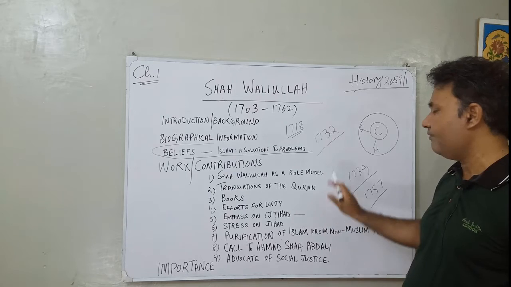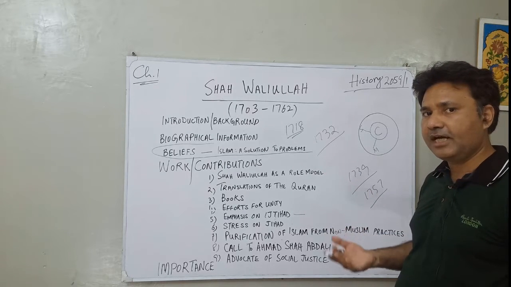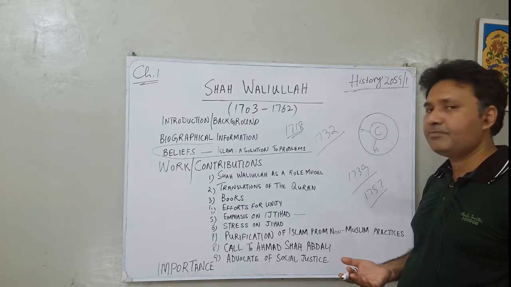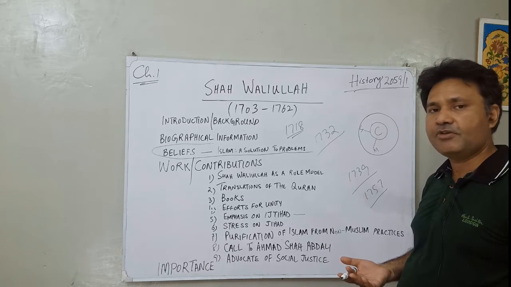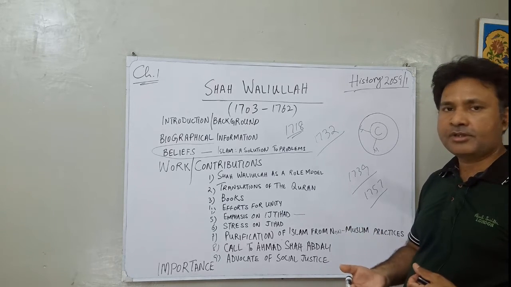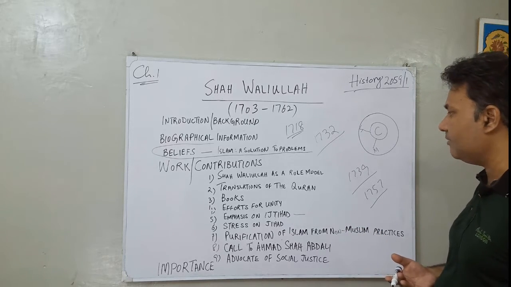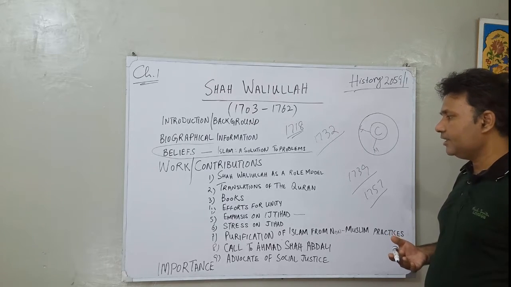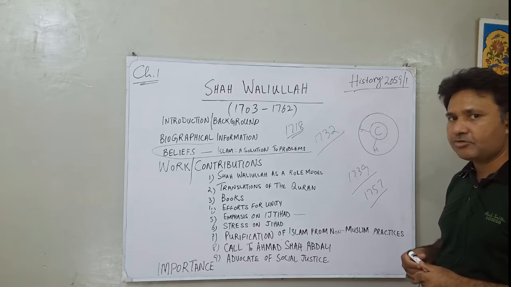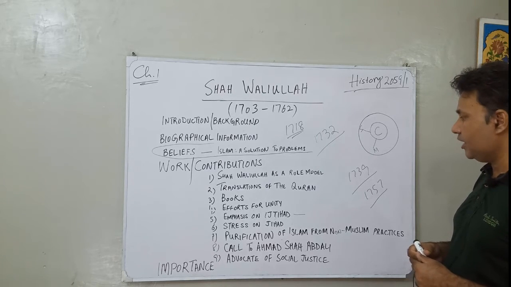Within 5 years of his return from Arabia, he translated the Quran into the Persian language. Why Persian? Because Persian was the lingua franca of the time. That means that Persian was widely spoken and understood by the Indian Muslims at that time. And through this translation, he wanted the Indian Muslims to gain access to Quranic knowledge and teaching.